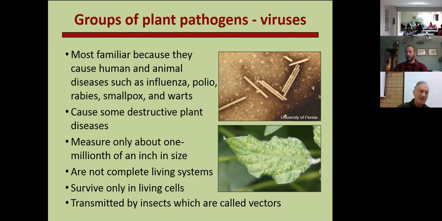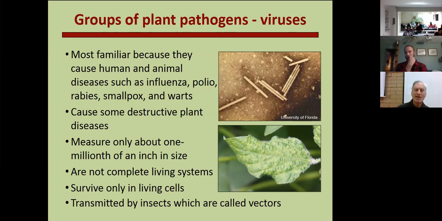For example, with a virus that's transmitted by an insect, the insect will chew on the plant and will get some of the virus into its system from the plant.